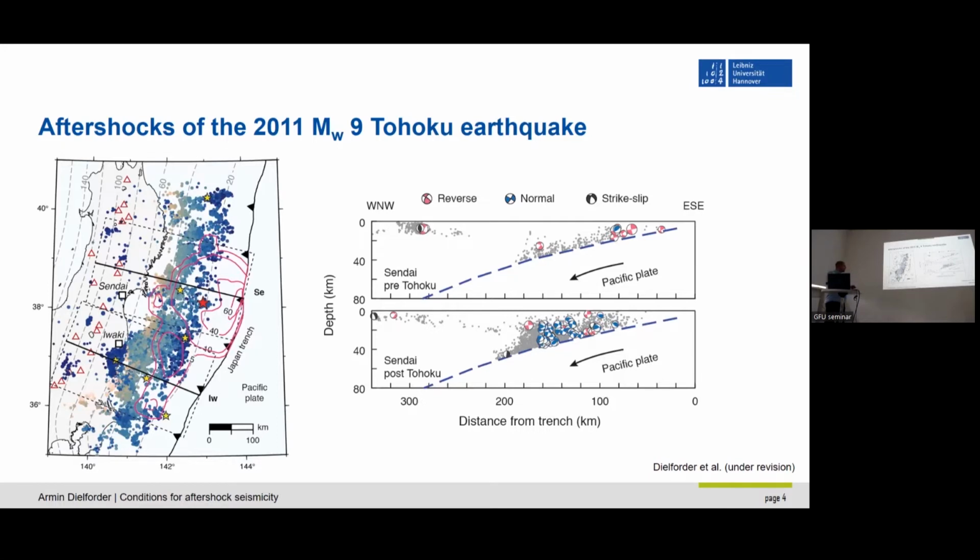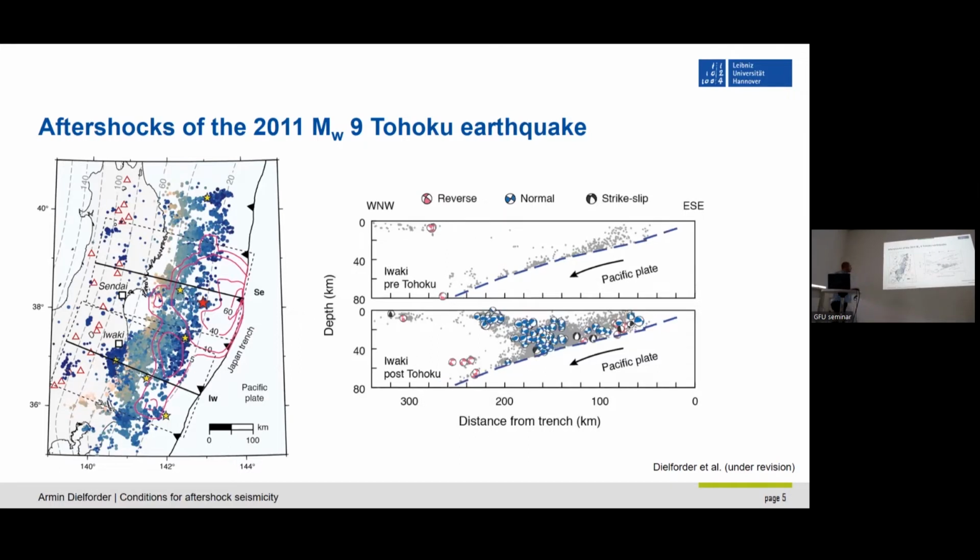And you see all these blue beach balls that indicate normal faulting. So in the submarine part of the forearc we had all these normal faulting events, indicating a tensional stress condition. Then there's also a trend of little seismicity that reaches up into the onshore part, but here we still have reverse faulting and compressional strike-slip faulting.